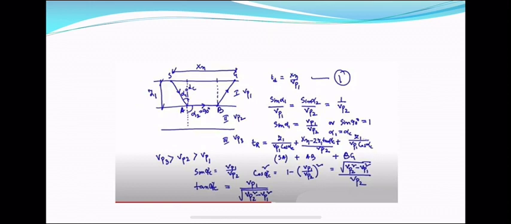Then TR is equal to Z1 by VP1 cos alpha C, where alpha 1 is equal to alpha C. By SA plus AB plus BG, that is Xn minus 2 Z1 tan alpha C by VP2, plus Z1 by VP1 cos alpha C. The final expression will come as tan alpha C equal to VP1 by the square root of VP2 squared minus VP1 squared.